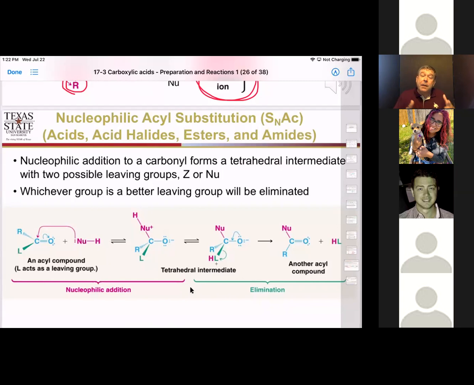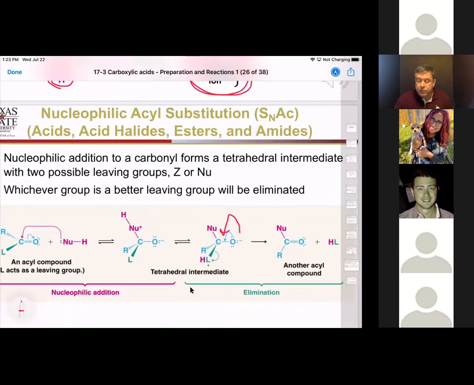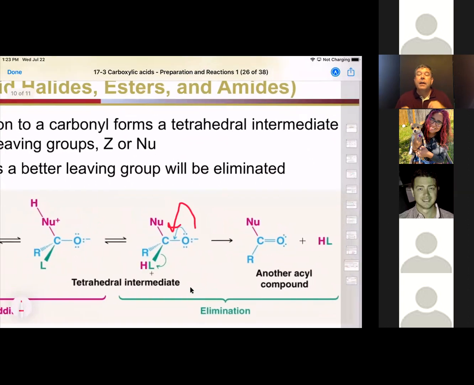But the first step in the reaction is the same. We end up having the nucleophile come in and attack the carbonyl carbon to generate our tetrahedral intermediate. The difference is when the electrons come in to reform our carbonyl, we have something that can leave with that is not too strong, that is not too basic, that can stabilize the charge.